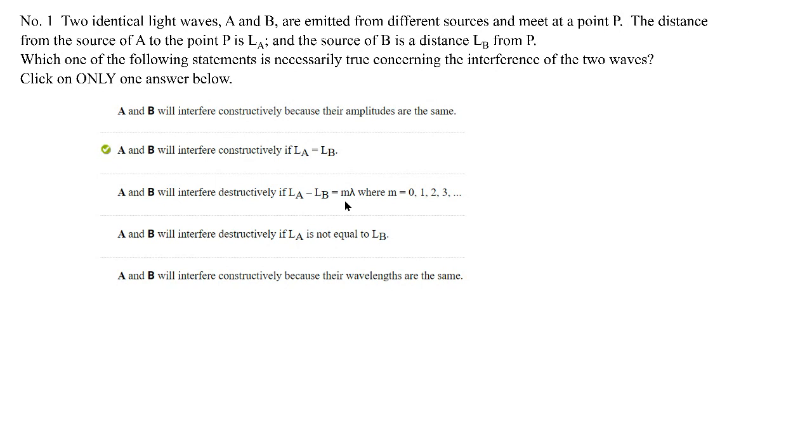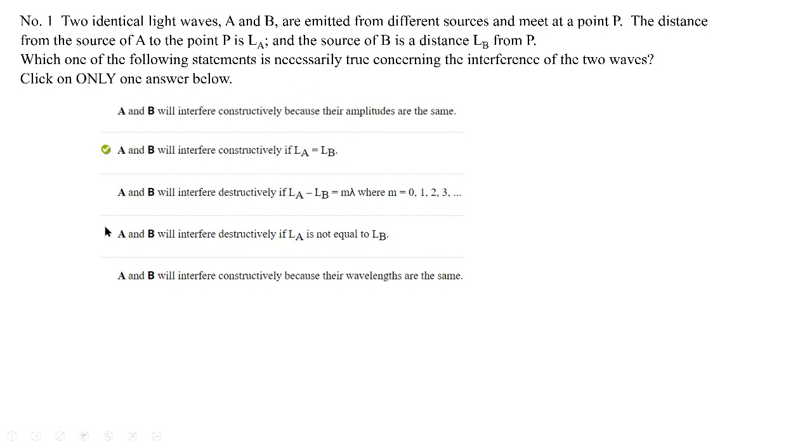So, okay, there is a beam from source A to the point P, whose distance is L sub A. And then source B is at a distance LB from the same point P, because we're interested in what is happening at P coming from 2 sources.